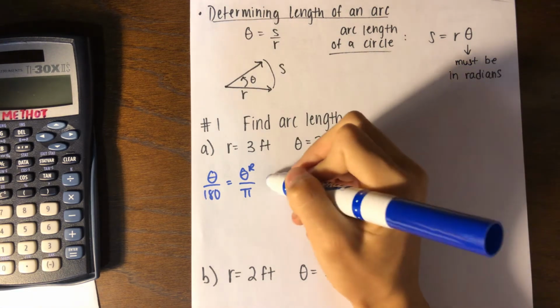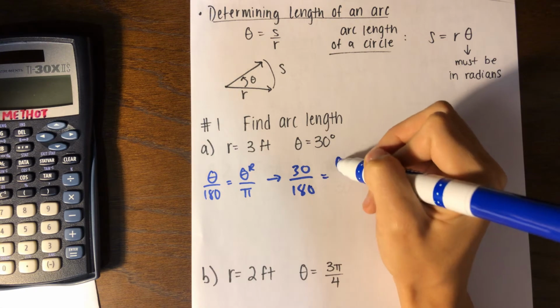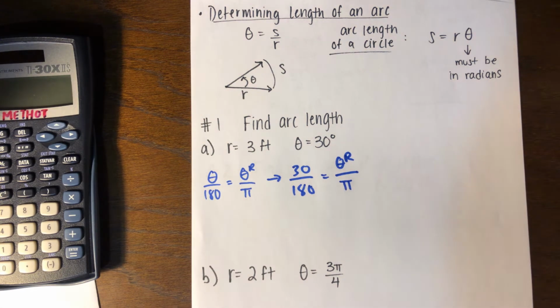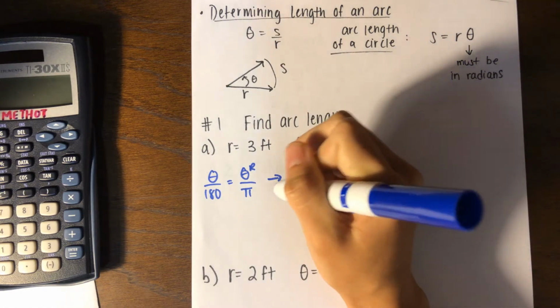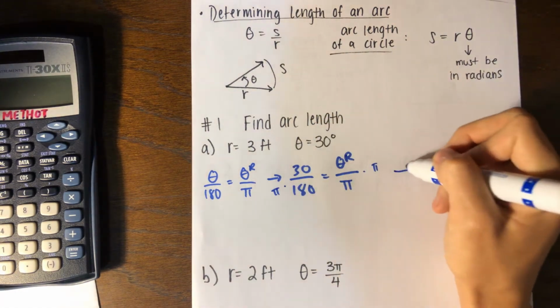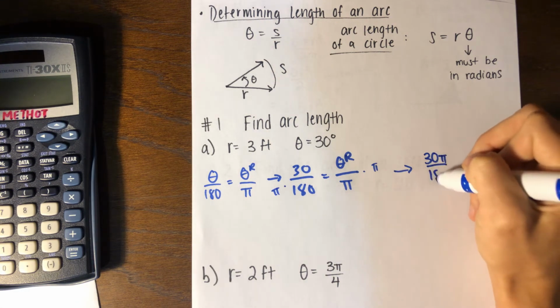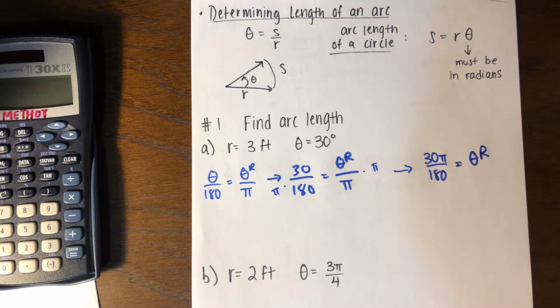So we have 30 over 180 equal to theta r over pi. To solve for this, I multiply by pi to both sides. So I have 30 pi over 180 as my theta in radians, okay?